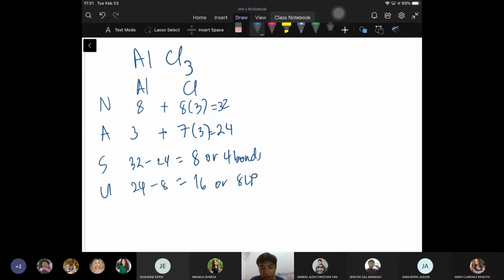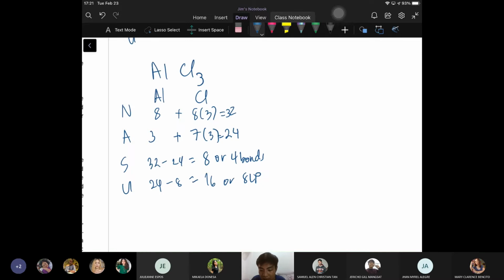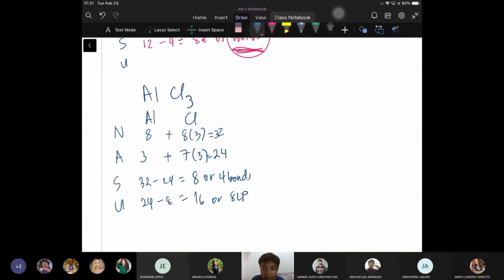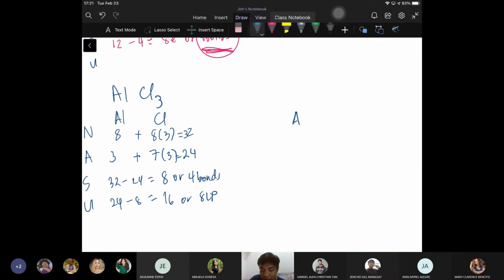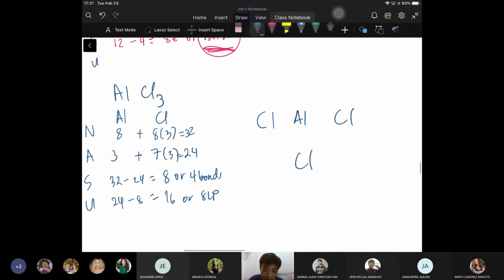Medyo matatagalan pa ako dito, pero kagaya nga ng sabi ko, pag ang iyong central atom ay group 2, group 3, wag na kayo mag-octet rule kasi matatagalan kayo. Gaya ng ginawa ko. So, let me try. Aluminum, Cl, Cl, Cl. May 4 na bonds daw. 1, 2, 3. Saan mo ilalagay yung pang-4 na bond? Like hydrogen, yung mga group 7 atom, they usually perform single bonds lang kapag sila yung terminal atom.